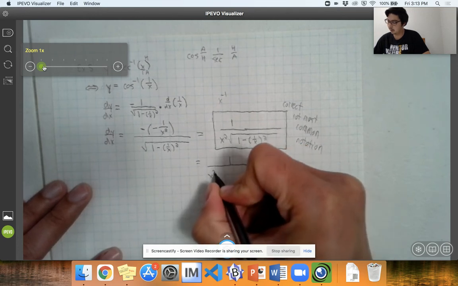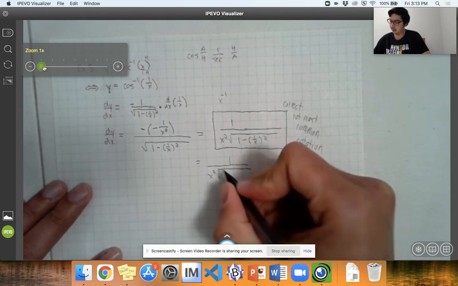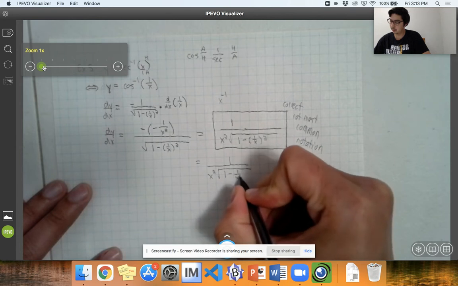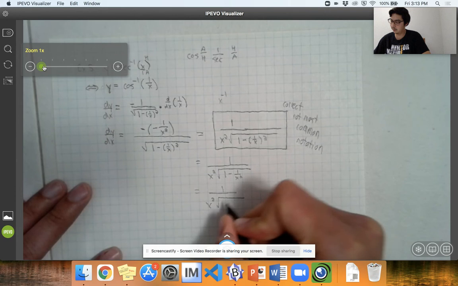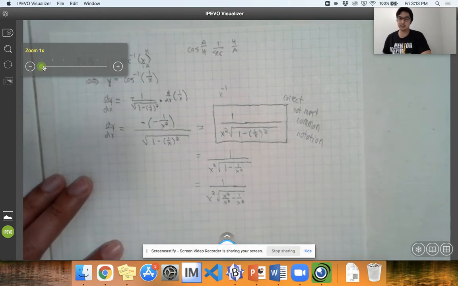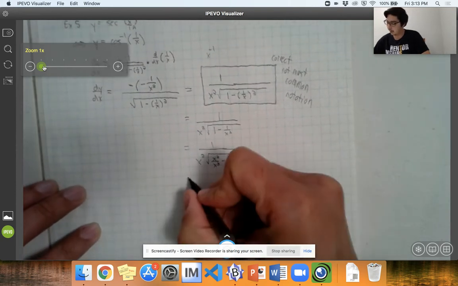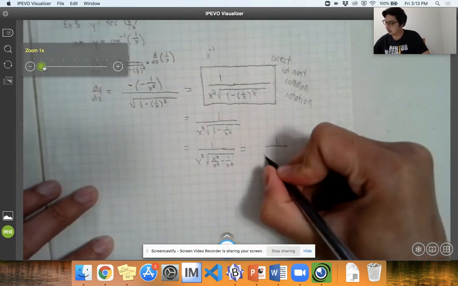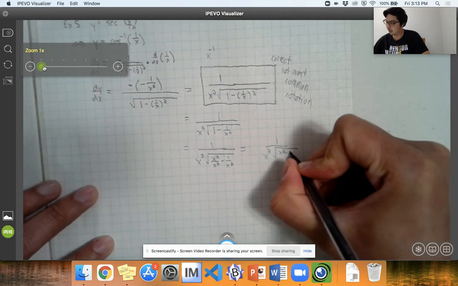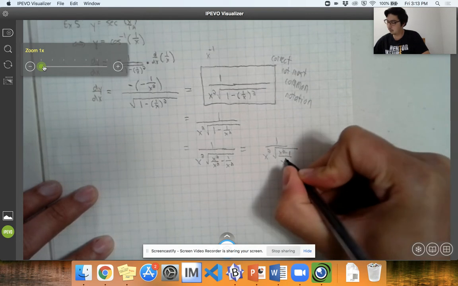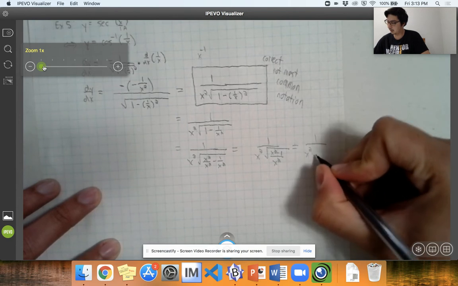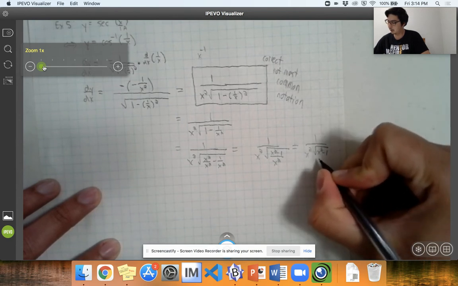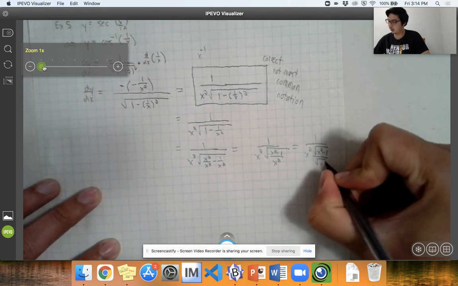So you have x squared, and if I write this as 1 minus 1 over x squared, well then I could do this as square root of x squared over x squared minus 1 over x squared. Okay. And I could write that as 1 over x squared square root of x squared minus 1 over x squared, which I could write as 1 over x squared, the square root of the numerator, divided by the square root of the denominator.